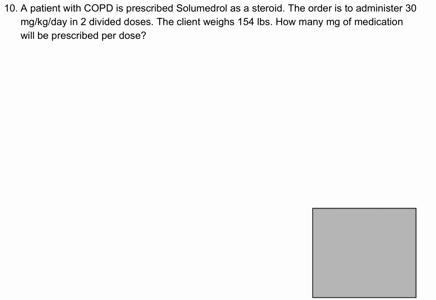So let's go ahead and tackle this. So we are looking at the final units, and they are going to be milligrams per dose. So you're probably wondering, how do I get from 3 units to 2 units? Well, let's go ahead and show you. So the order is 30 milligrams per kilogram all over 1 day.